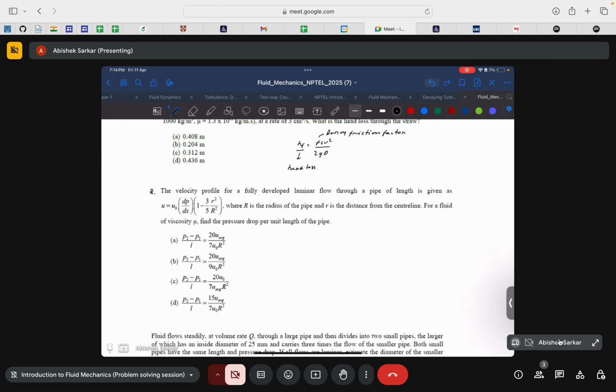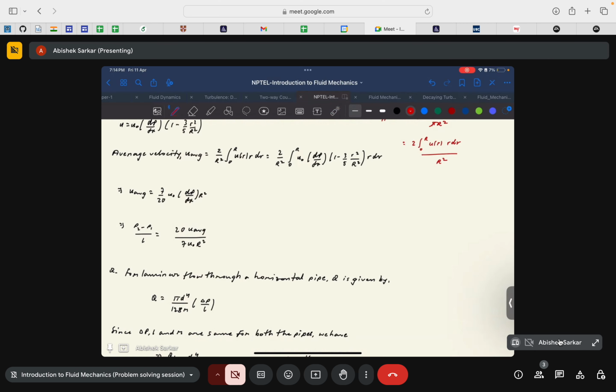Okay, then I think that's all for today from my end. There were some more problems, but I think they are quite similar, so we can skip those. But the problems that we discussed today are quite important, and I took a lot of time in the theoretical discussion part, but those are important for creating the base for understanding the solutions of the problems that we have discussed here.